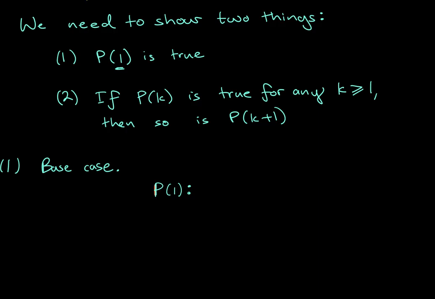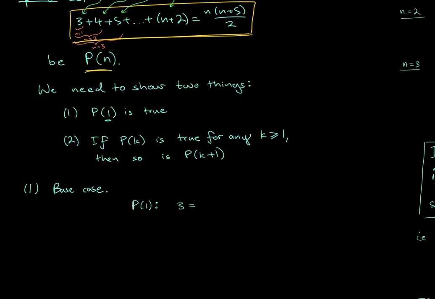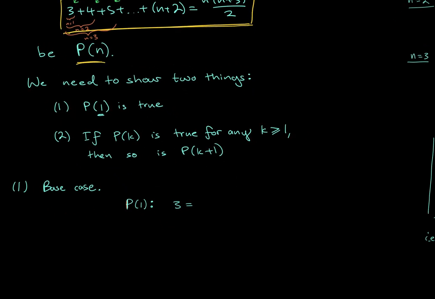P of 1 would be 3 is hopefully equal to, well, my favorite way to say 3 would be maybe 6 divided by 2. My favorite way to say 6 would be 1 times 6 divided by 2. My favorite way to say 6 yet again would be 1 times 1 plus 5 divided by 2.